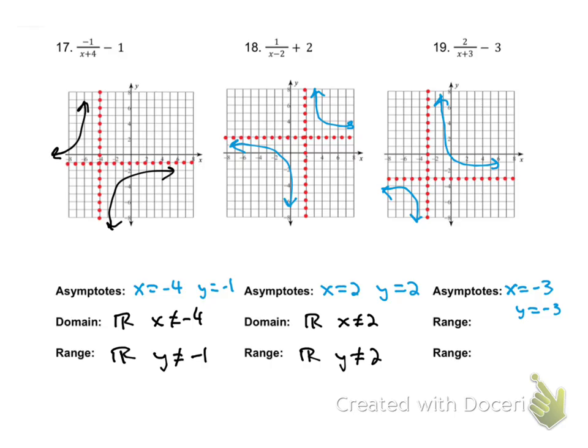That says range twice. How did that? Oh, because I copy and pasted. That should say domain. So the domain is all real numbers except x cannot equal 3. The range is all real numbers except y cannot equal 3. Shouldn't be negative? Yeah, it should be negative. It cannot equal negative 3. Sorry.